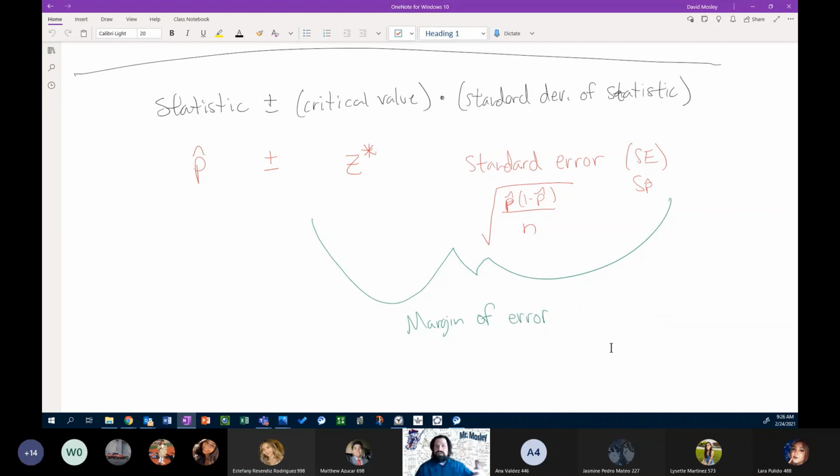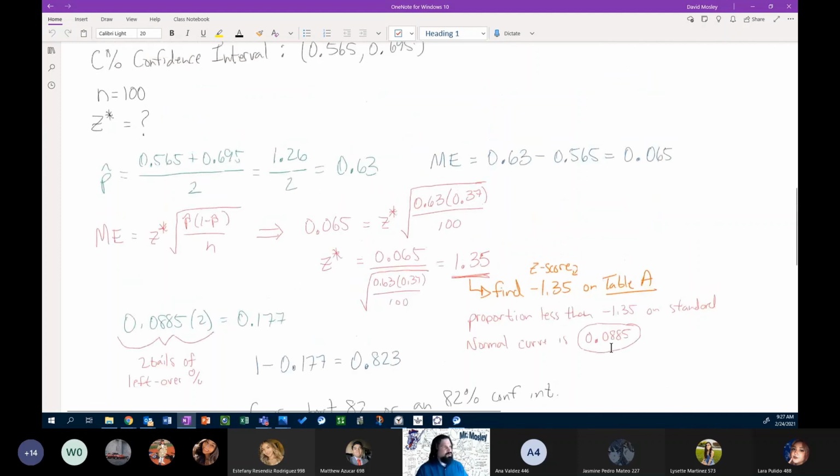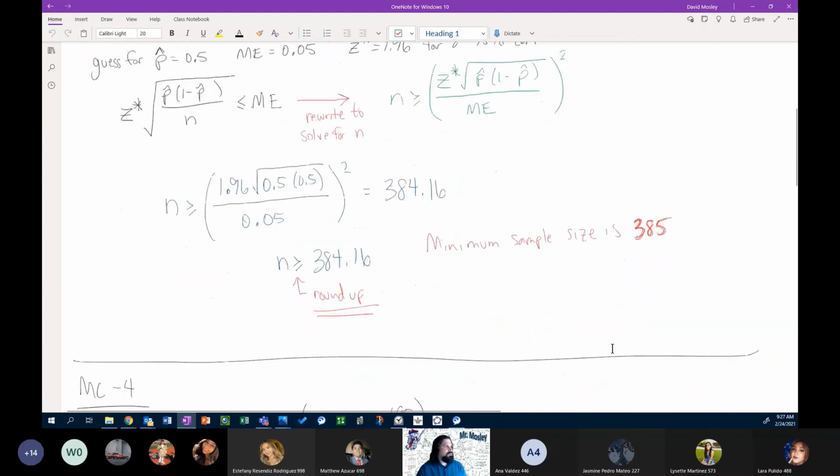And so that's where the formula comes from, right? Depending on what pieces of information I have or what pieces are missing, I can manipulate this formula to do what I need or find what I need to find. The formula we used in this multiple choice question is the most convenient because it zooms in right on the margin of error, which is what we're focusing on in this case.